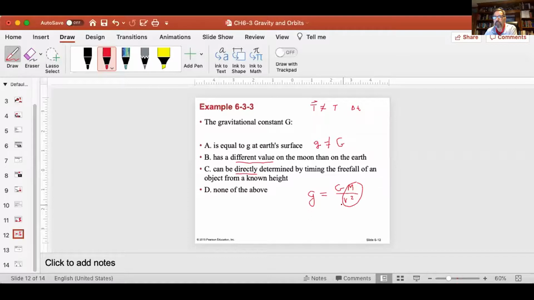By the way, this brings up a point about gravity. People use gravity as a noun, and it is in some sense, but in a physics sense, it's usually an adjective. We talk about gravitational acceleration or the acceleration due to gravity. It's the modifier of the acceleration. Or we talk about the force of gravity, the weight, the gravitational force. So be careful about talking about, well, what causes that? Gravity.